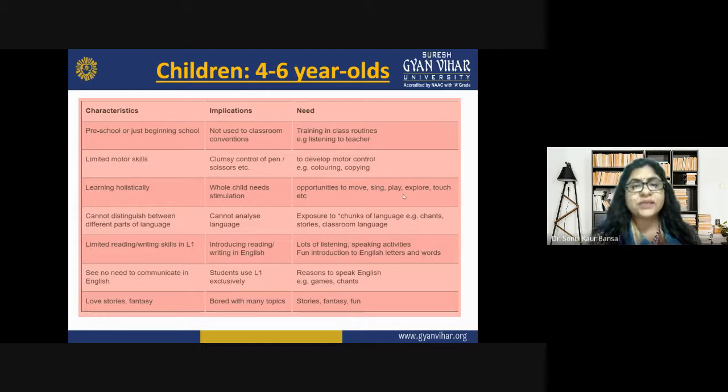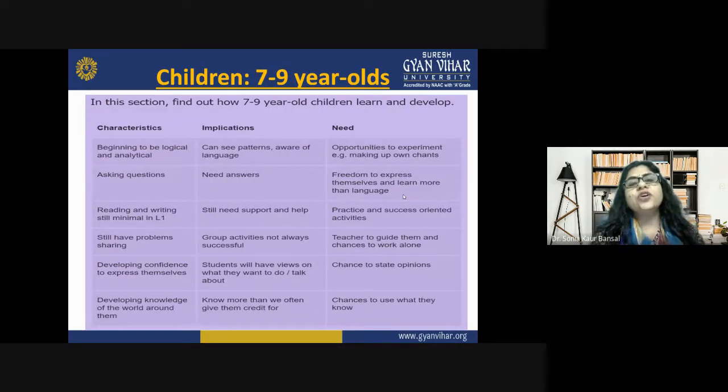All right, students. Now, next we see the children of 7 to 9 years old. In this section, you will find how 7 to 9 year old children learn and develop gradually. So let's understand their characteristics, implications, and needs one by one. This is the time of beginning to be logical and analytical.